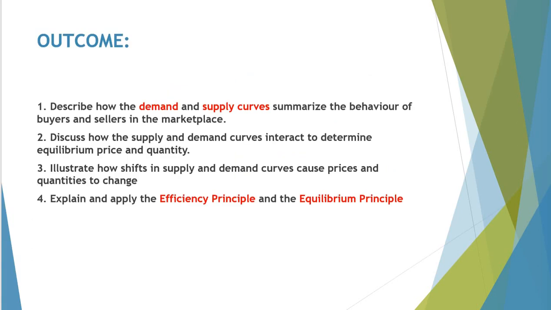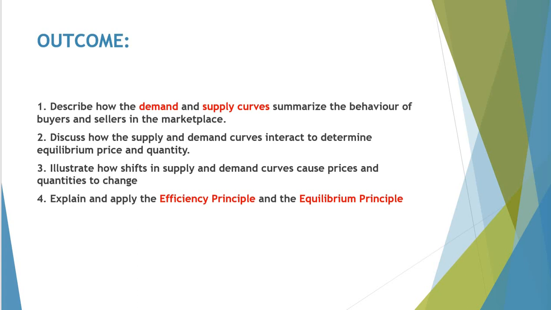Throughout this chapter, there are a few terms that you will learn, which are demand, supply, market equilibrium, and surplus. At the end of this topic, I expect that the student will be able to describe how demand and supply curves summarize the behavior of the buyer and seller in the market, and discuss how the supply and demand curves interact to determine equilibrium price and quantity.